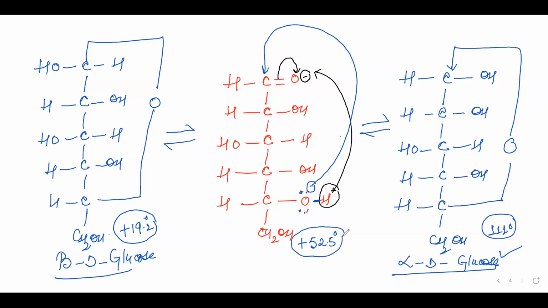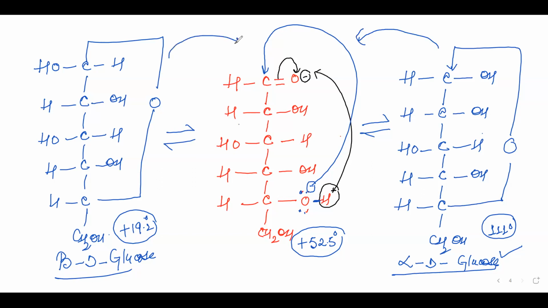Now I will be speaking of the definition of muta rotation and you keep on looking at the slide. So muta rotation is the specific spontaneous change in optical rotation of an isomer into an equilibrium value.